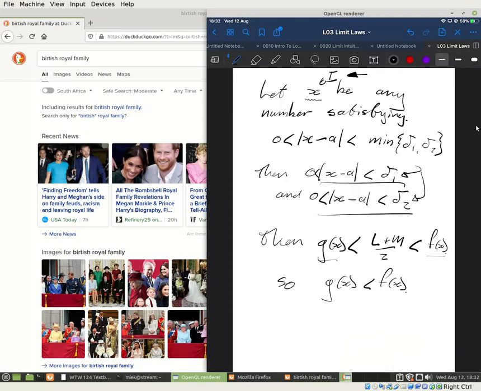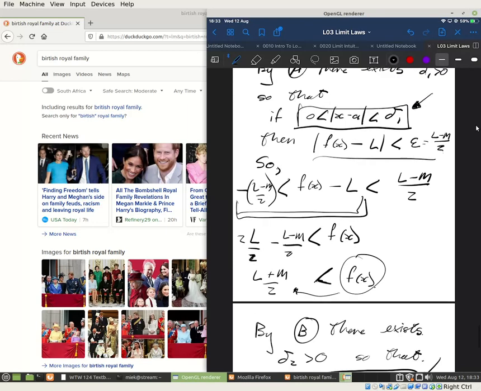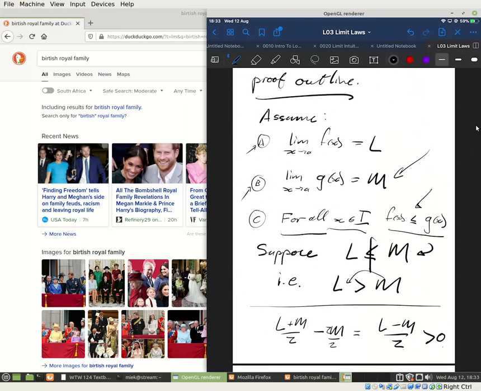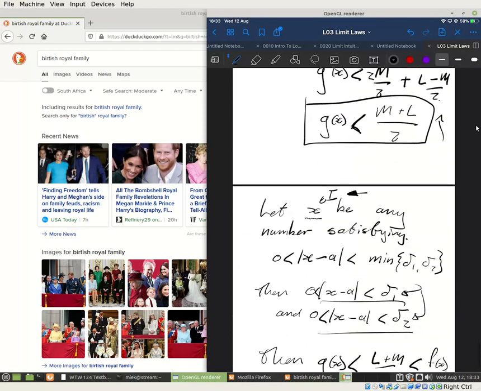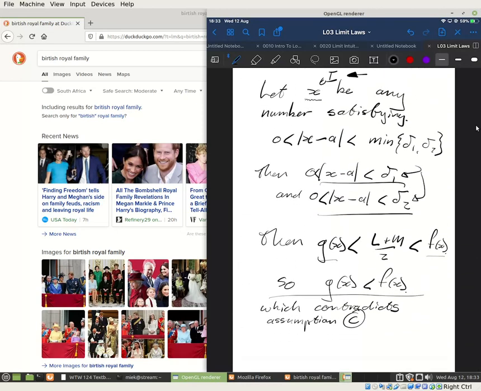So here we have that which contradicts our assumption C, which is for all x in I, that f of x is less than or equal to g, because here we have now constructed an x in I for which g of x is less than f.